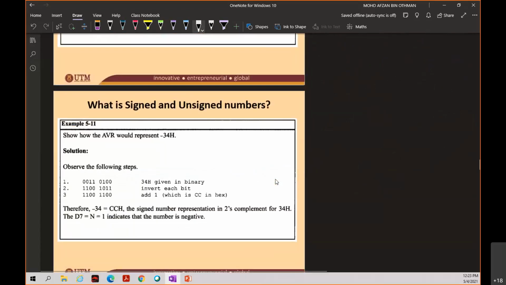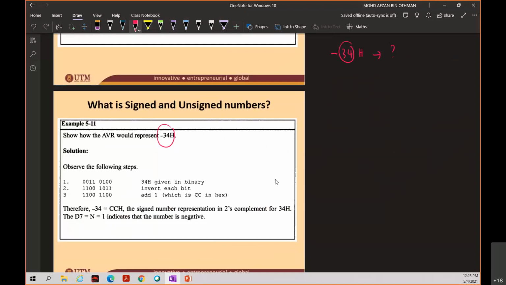Let's look at another example. Show how the AVR would represent negative 34. How to do that? First, you need to get the binary representation for 34.